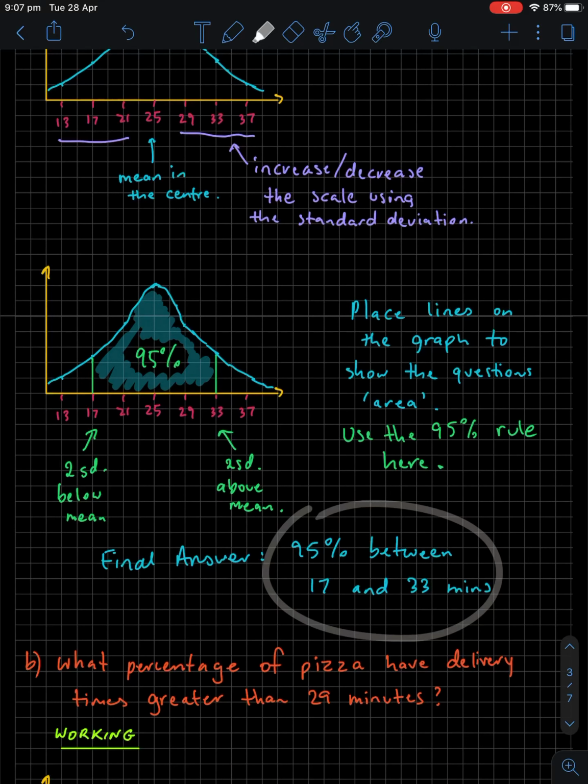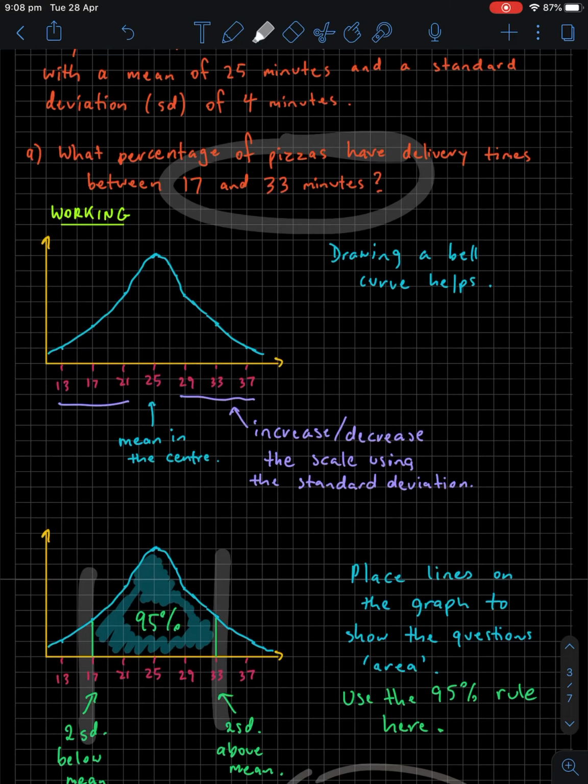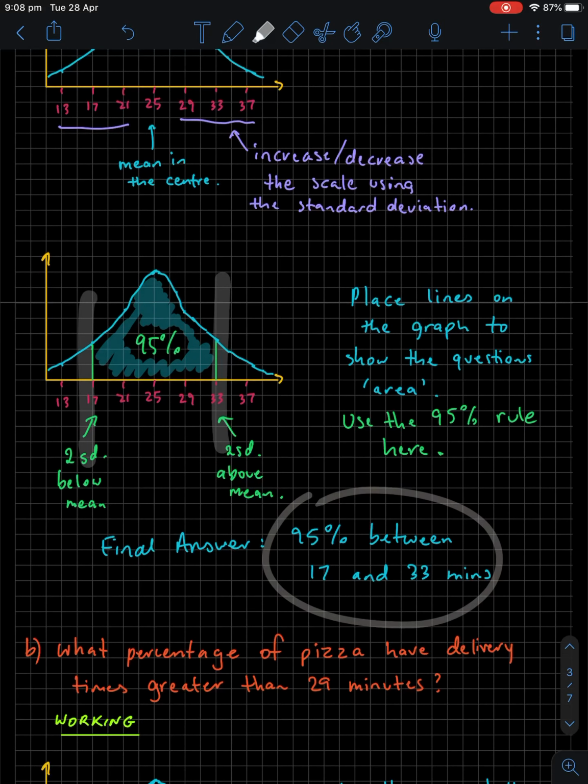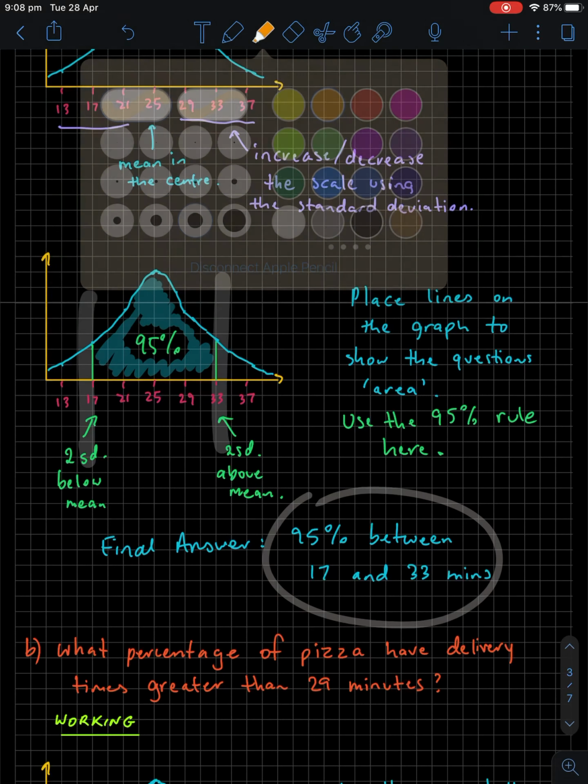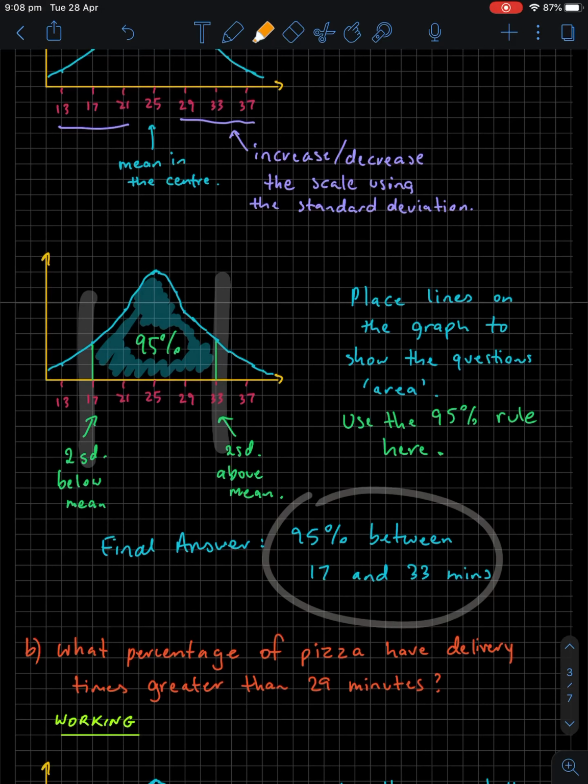Okay, so let's apply one of these 3 rules that we've learned about. So we want to deal with the 17 and 33 minute marks, because that's what our question is dealing with. Now we need to notice that 33 is going up by 2 lots of standard deviation, and the 17 minute mark is going down by 2 standard deviations.